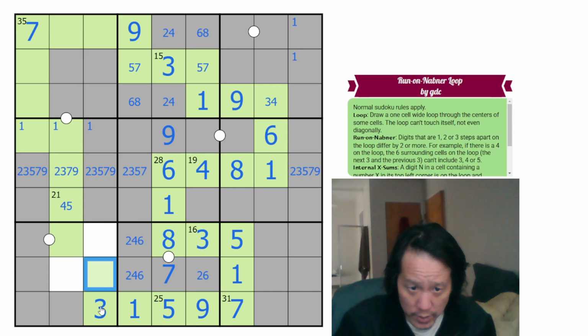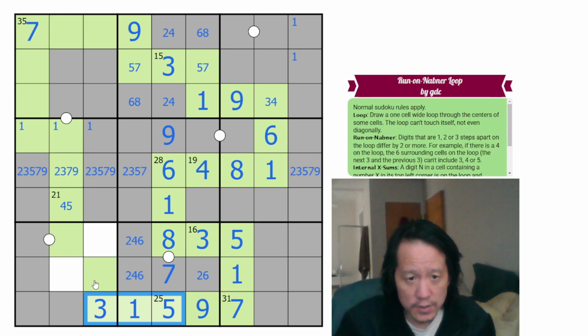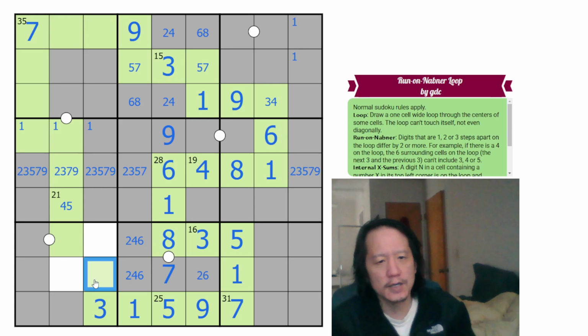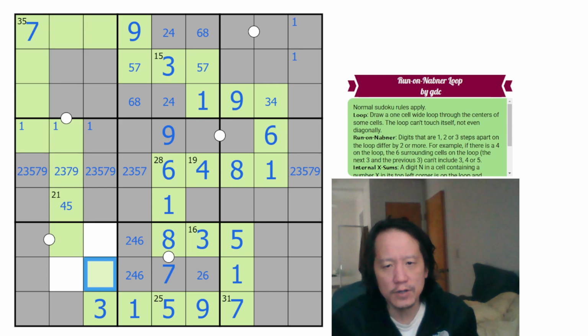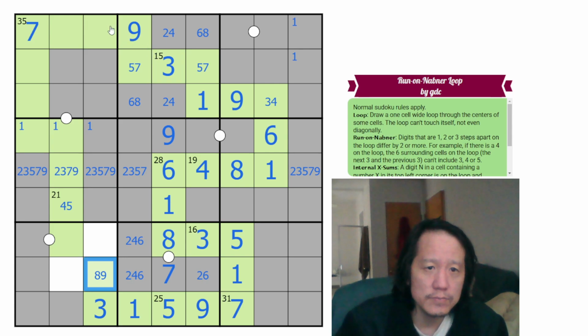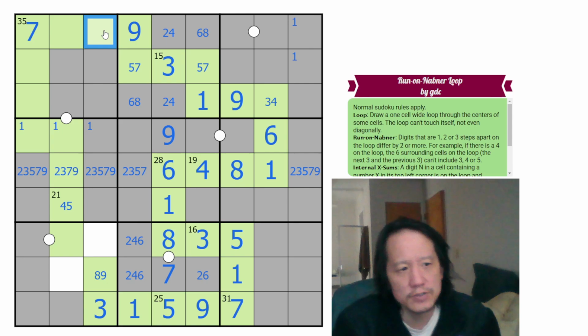This cannot be consecutive or the same as these digits. So that eliminates 1 through 6. It cannot be 7. This has to be 8 or 9. We're not sure which. This cannot be the same as 3 and 9 or 7. And it can't be consecutive with anything. So that's cannot be 6 through 9.